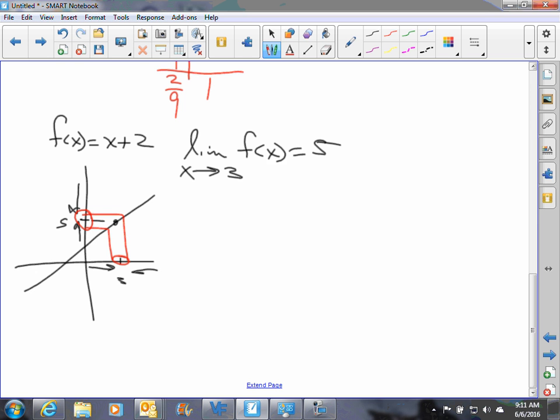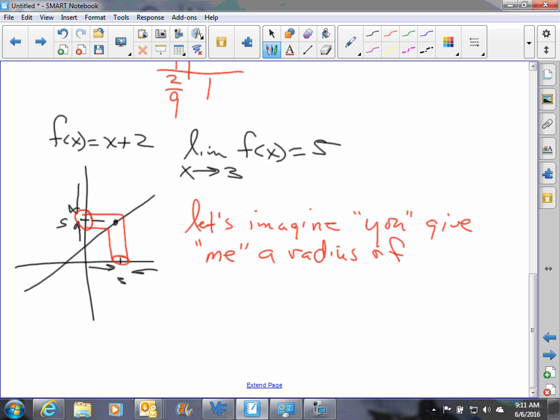Okay. Now, let's imagine that in this particular case, you give me a radius of 0.01.